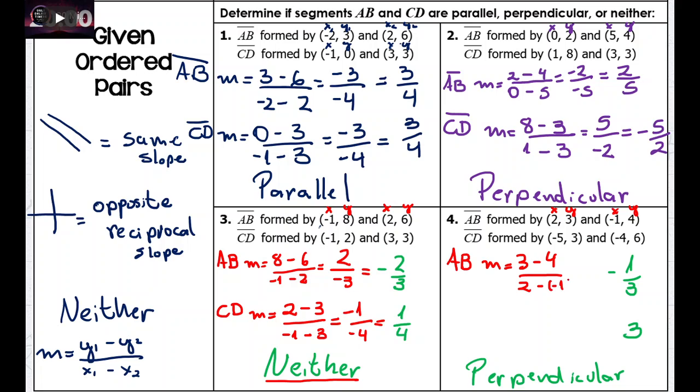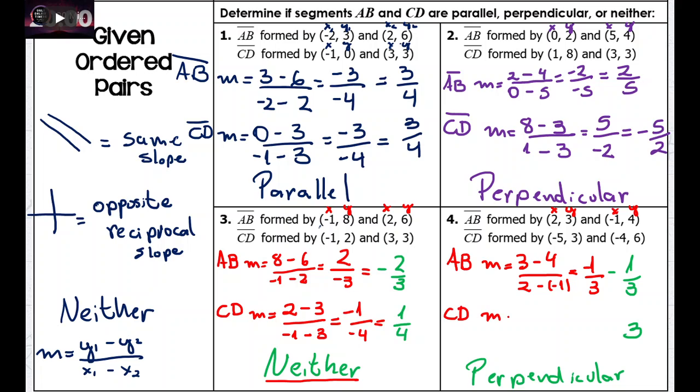Remember, when you have a negative number, use parentheses. 3 minus 4 is negative 1. 2 minus negative 1, negative times negative is positive, 2 plus 1 is 3. Negative 1 divided by 3, negative divided by positive is negative: negative 1/3.